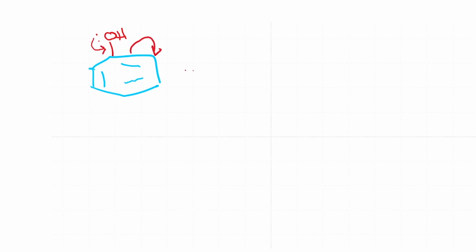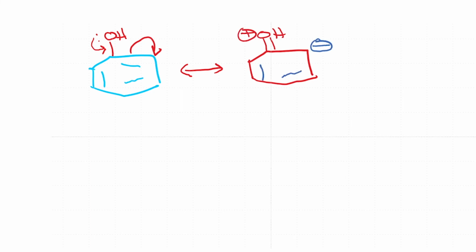So when I draw the resonance form of phenol, I have OH, a positive charge here, and now there is a full negative charge over here and over here. Let me just, for ease of understanding, number these carbons. So this is carbon 1, 2, 3, 4, 5, and 6.